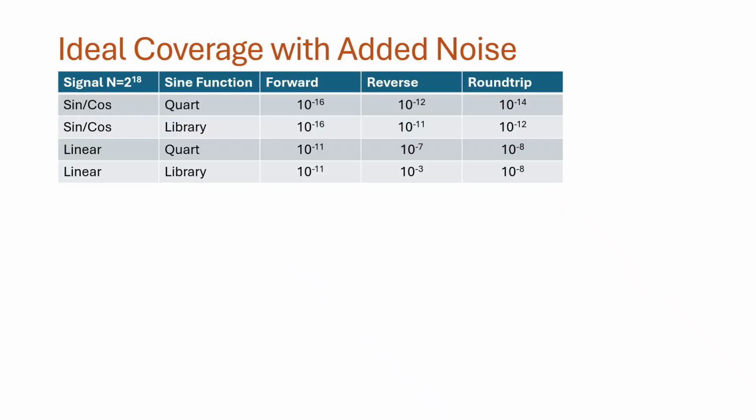And we can add Gaussian noise or white noise to the input until we have a proper ideal specification of the input noise deviation. And here, for order 18 samples, for different signals and different library functions: how much input noise do we need to add to achieve ideal coverage?